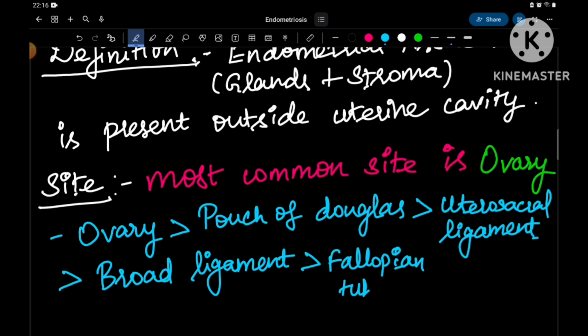Okay guys, first one is ovary followed by pouch of Douglas, followed by uterosacral ligament, followed by broad ligament, followed by fallopian tube. Okay guys?